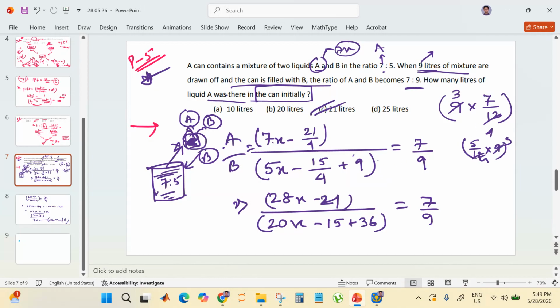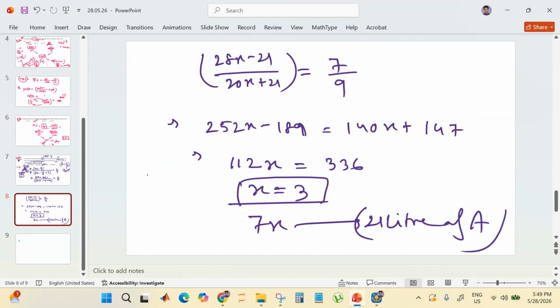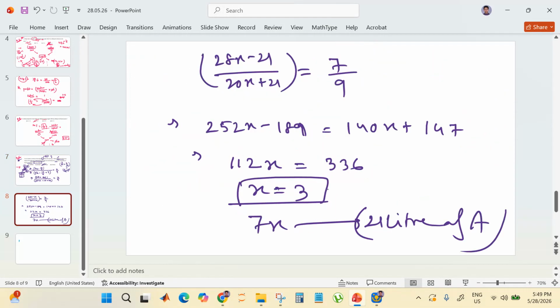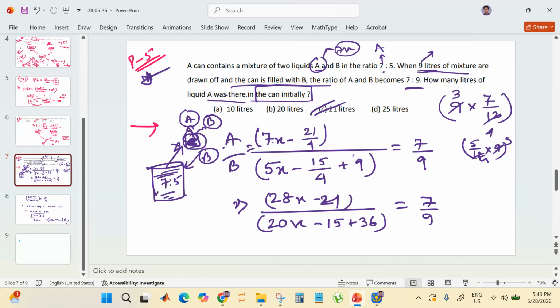Okay, so after the same calculation you have to do, you can find x equals to 3. Just cross multiplication, LCM, and so on, you get x equals to 3. So if x equals to 3, the question asked how many liters of liquid A were there in the can initially.